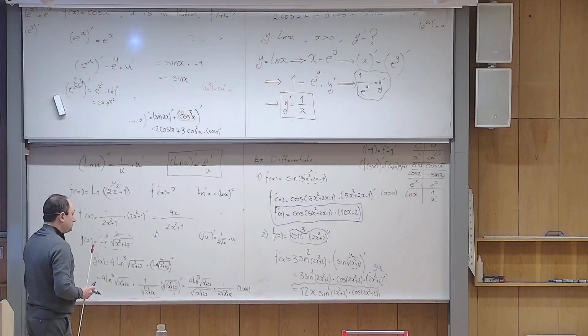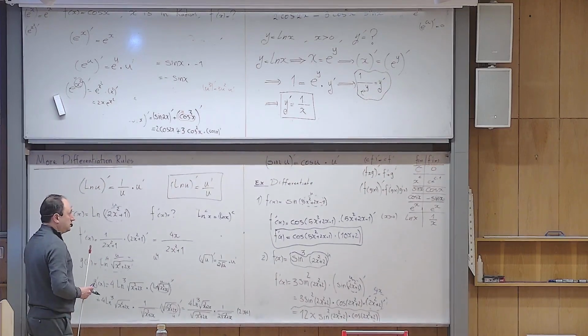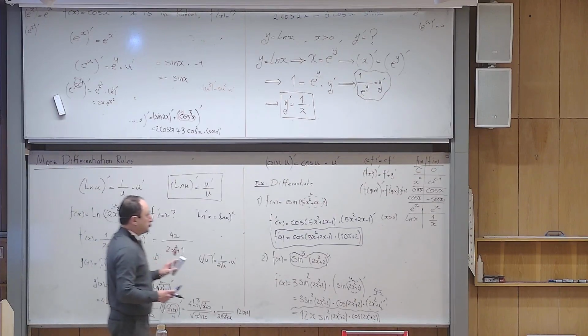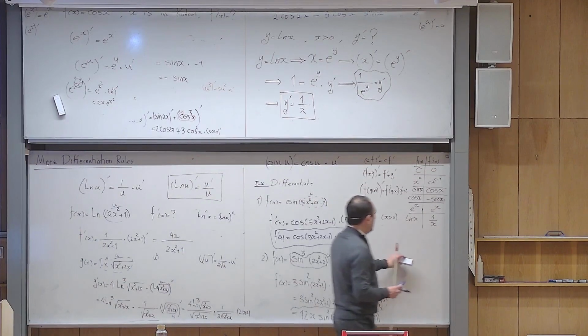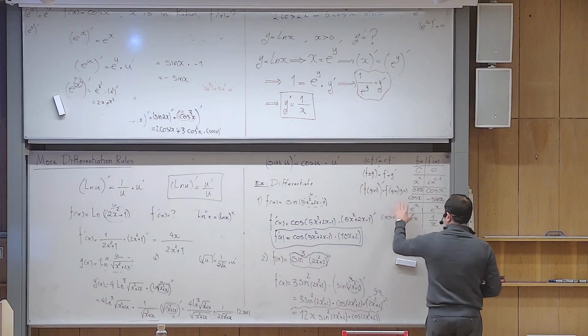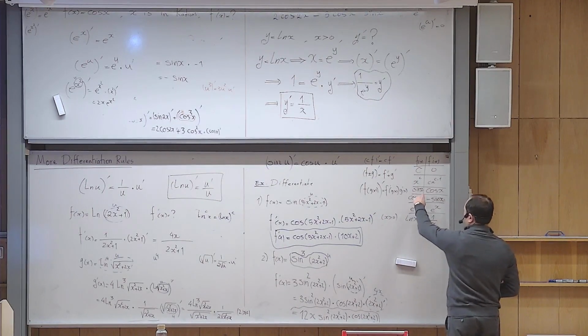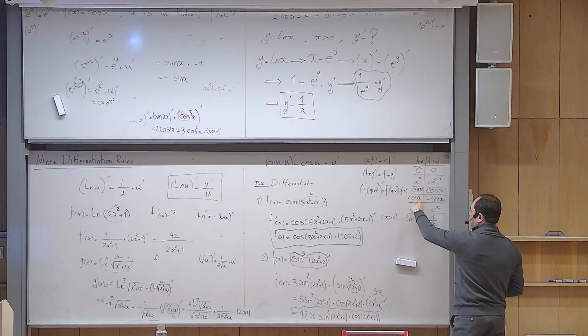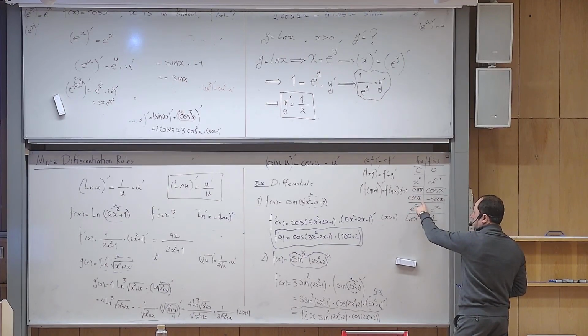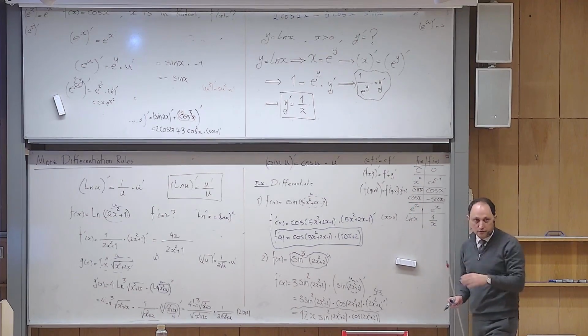Okay, so this is also something we put here. Now I want to add 2 more rules here and then we are done. No, there's also one function. You see, we talked about sine, we talked about cosine, but for some reason I didn't talk about tangent. The reason is that we couldn't calculate the derivative of tangent at this point, but later I will also add tangent and that will finalize.